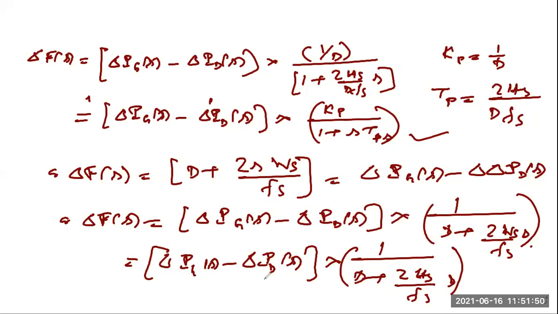No, sir. So this we can represent with the help of a block diagram. How can we represent it in terms of a block diagram? Now I will draw that. So there is a comparator. For this comparator, the input signal is your delta Pgs.